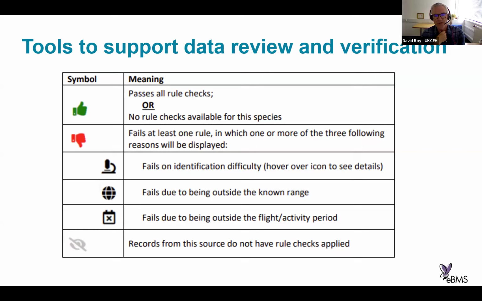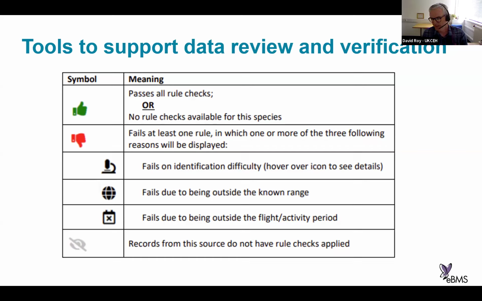The first of which, shown by an icon that's supposed to be a microscope, is basically around the identification difficulty of the species. Actually, we haven't got this in place for the European data, so I'll skip over that one. But there is the option to have a rule based on the identification difficulty of the species.